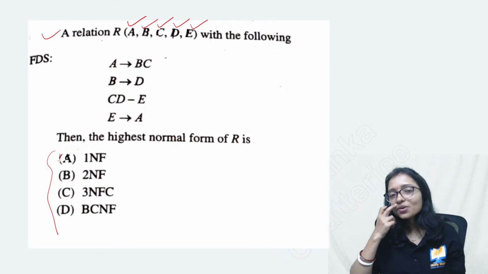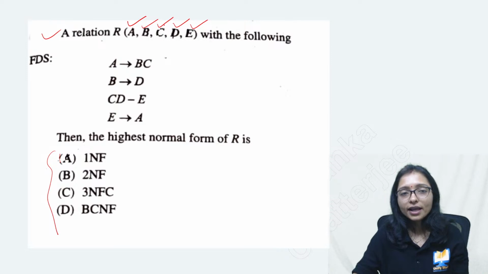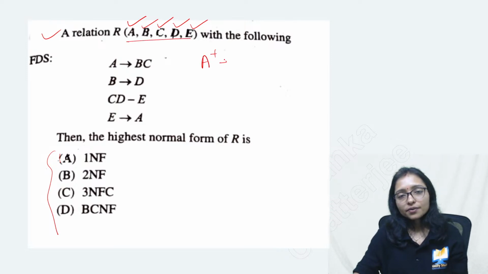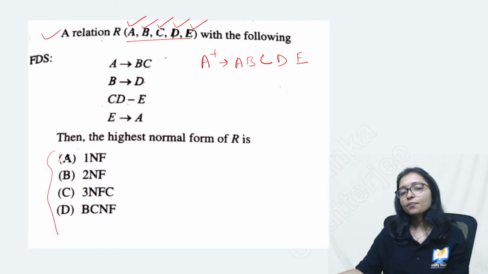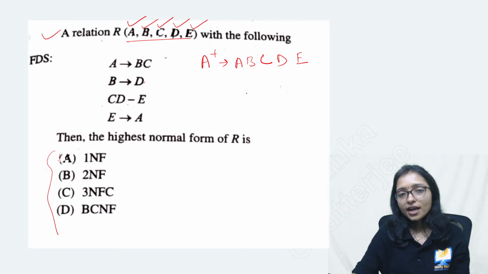So the trick will not apply. Here you have to try A closure. Whenever you are doing A closure, A to B, C, B to D, CD to E. A is already your candidate key.